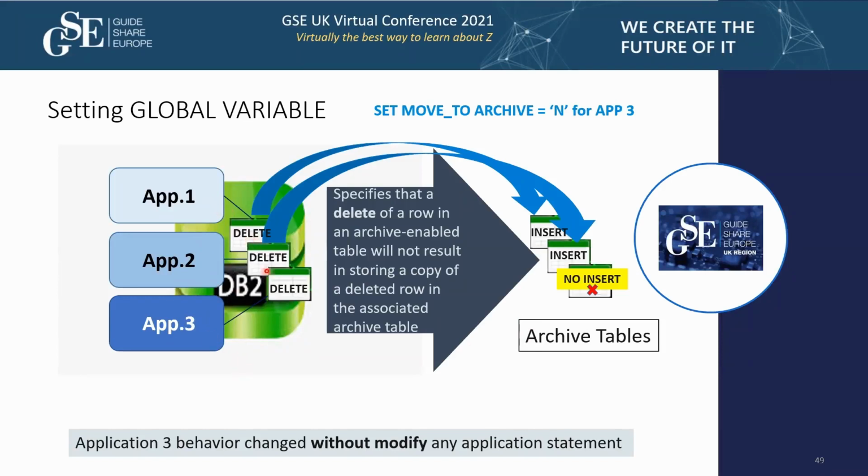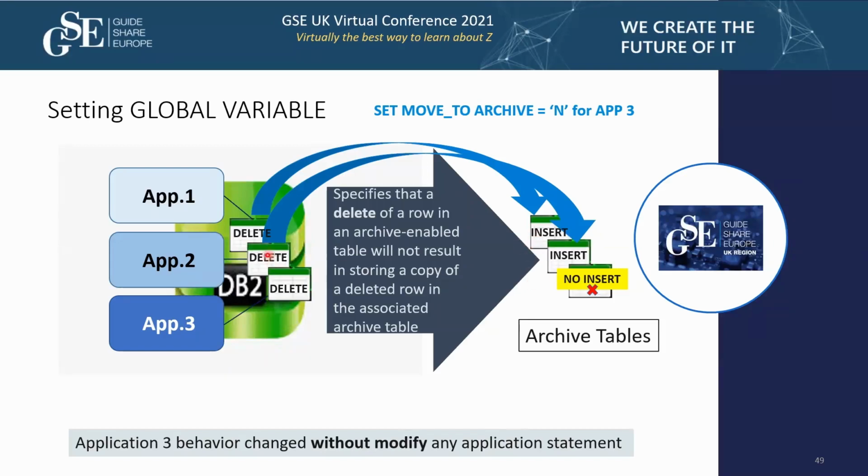I have a table. And for every table, I have an associated archive table, and the archive is enabled. When the archive is enabled, that means that for a delete in the base table, a row in an archive-enabled table will result in storing a copy of the deleted row in the archive.